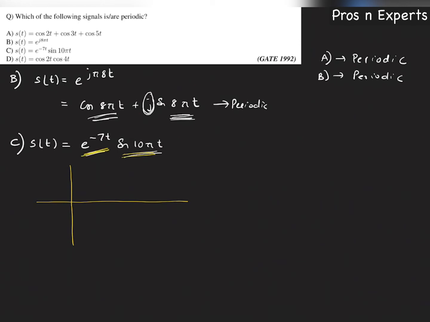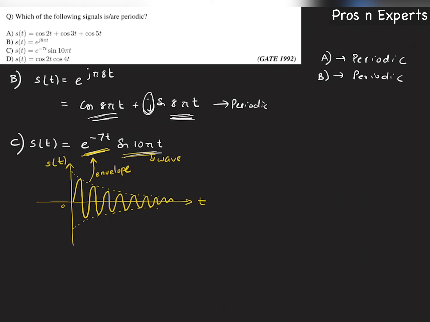This exponential is a decreasing exponential. So the resultant signal will have an envelope on both sides of the amplitude axis. The envelope will correspond to the exponential signal, and the waveform will be of sine. So sine starts from here. So this is S of t.